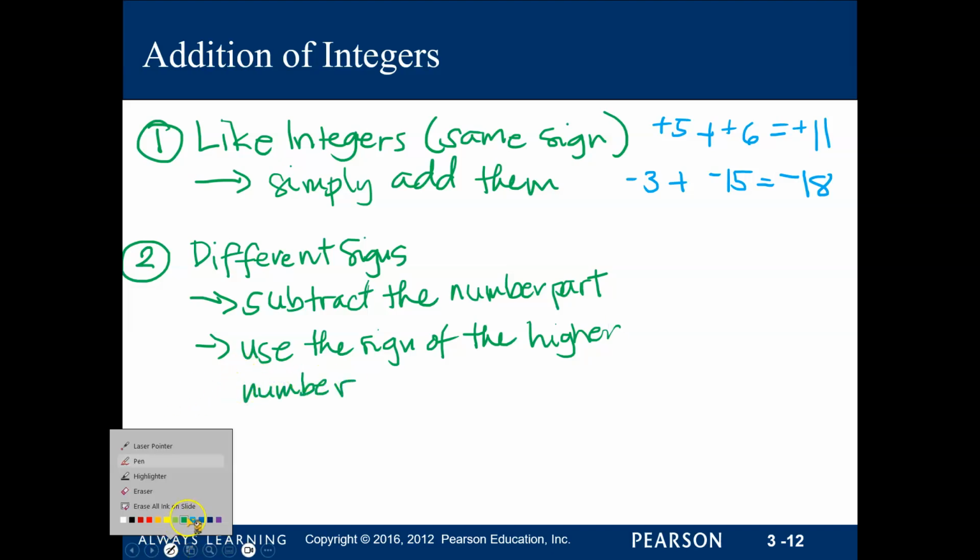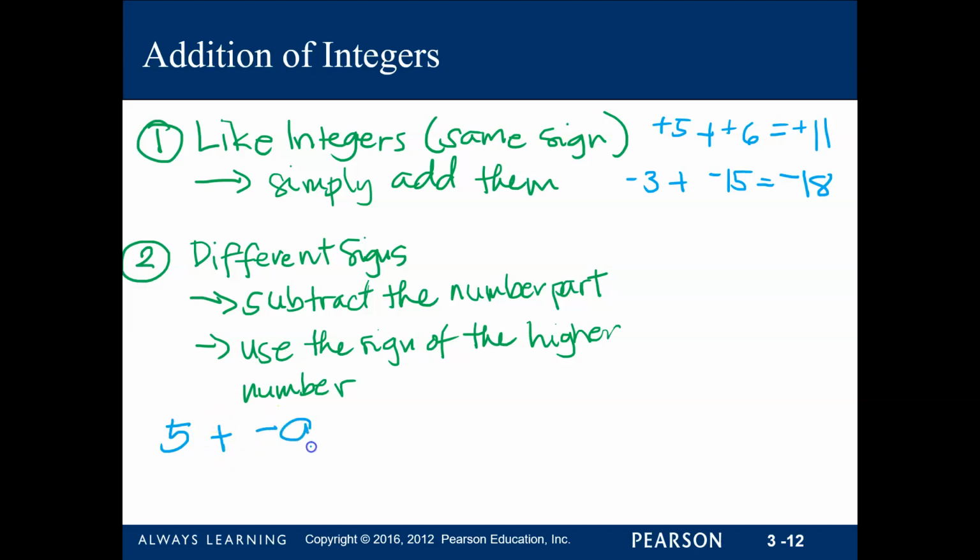So if you have different signs, let's say we have +5 plus -9. This is a positive, this is a negative. What we do is we simply subtract the number part. In this case, we subtract the 9 and the 5. What's the difference?